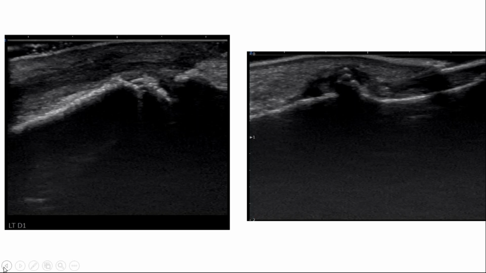There is also evidence of vascularization, as shown by positive color flow on color Doppler ultrasound around the flexor tendons and the joint area. Together, this appearance is suggestive of an inflammatory process and arthritis.